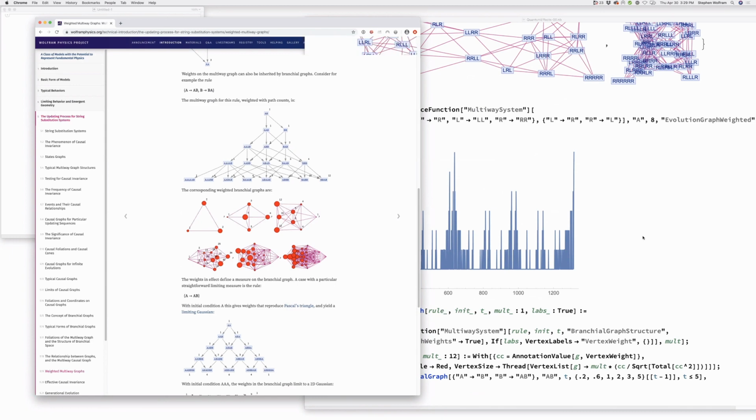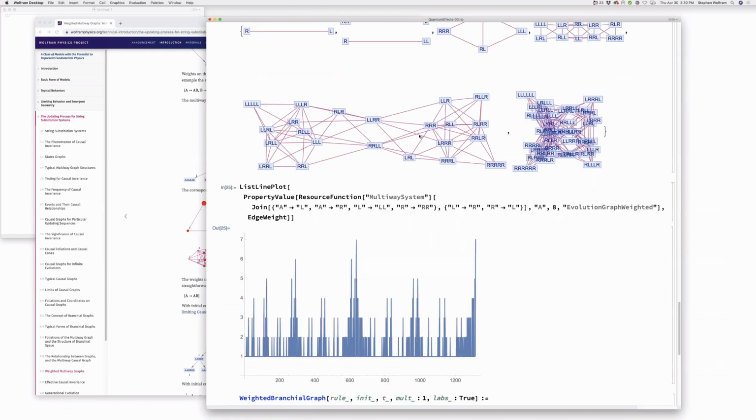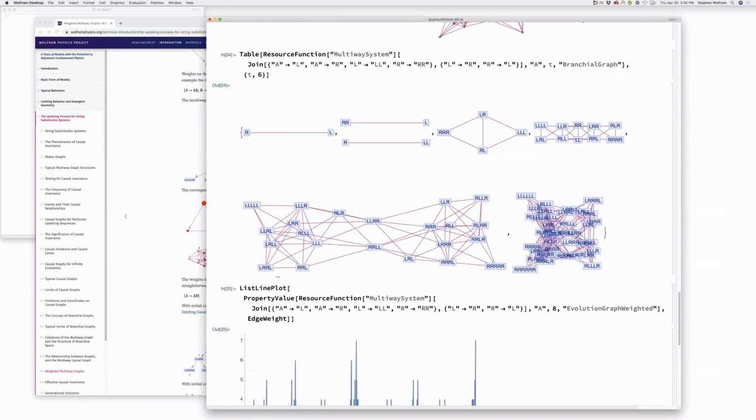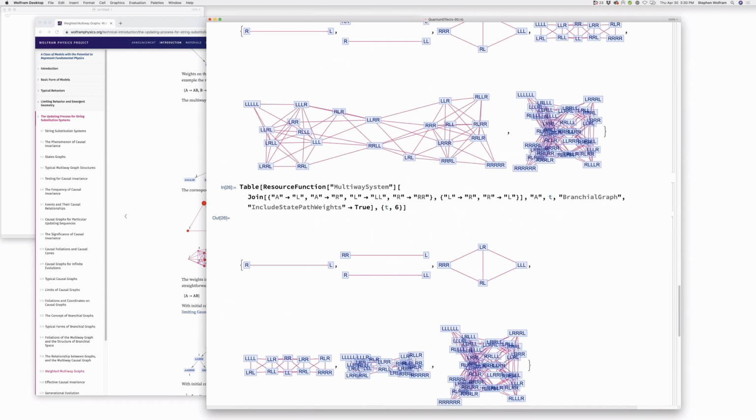Then you can just say include state path weights true in branchial graph. So every state vertex is now weighted by the number of distinct evolution paths. Okay, and how do I then display that? Yeah, then you have to get the property value out.